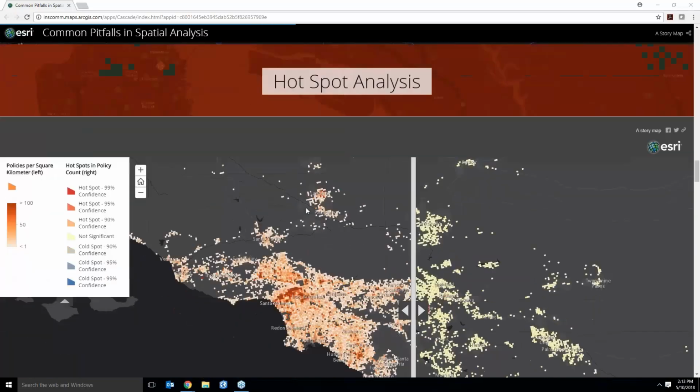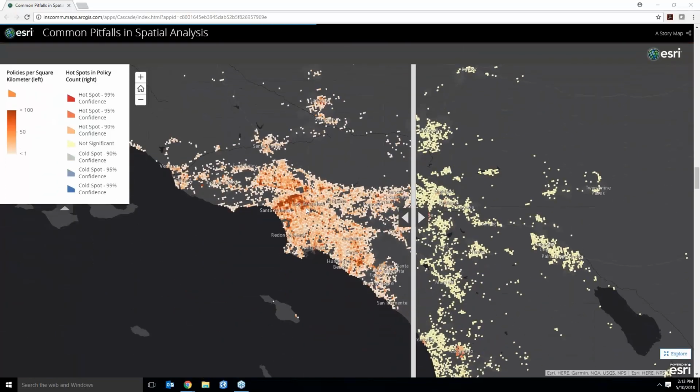Well, ArcGIS enables us to uncover meaningful insights by leveraging tools that perform advanced geostatistical analyses. These tools incorporate location to find meaningful patterns in our data. And so what we're looking at now is, on the left, our raw density map, and on the right, the output of one of those tools, hotspot analysis.